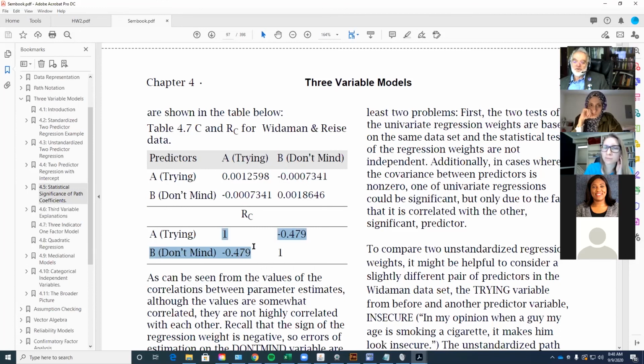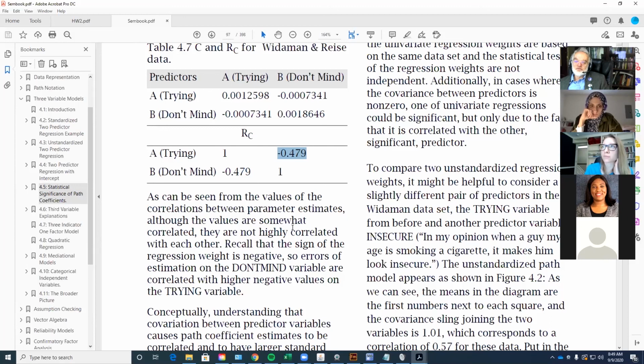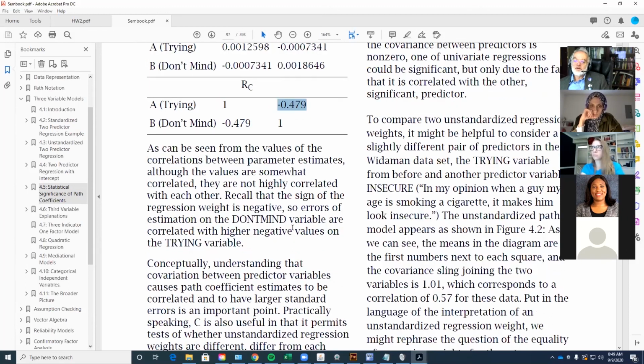This will give you a correlation between the estimates. This is telling you then that whatever you guess for one regression weight, the error will be negatively correlated with what you guess for the other regression weight. And as I mentioned before, when you have redundancy or suppression, the standard errors become larger. And when you have orthogonal predictors, they're smaller than that.